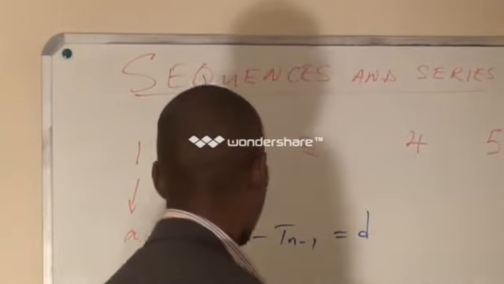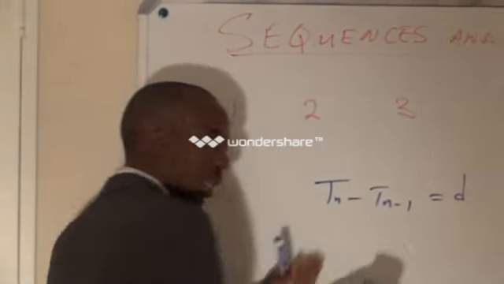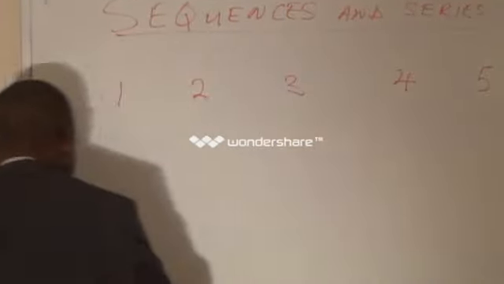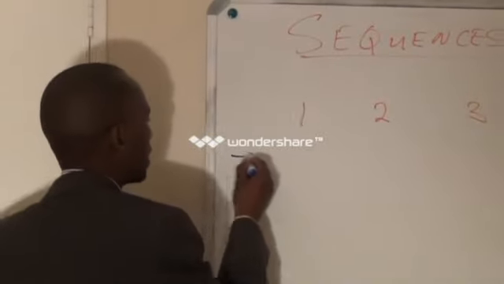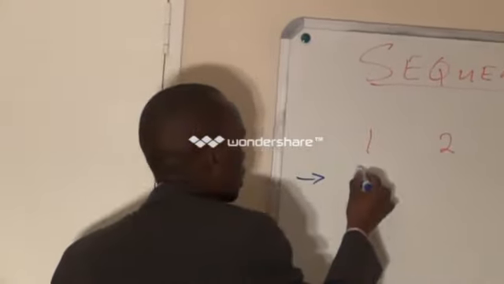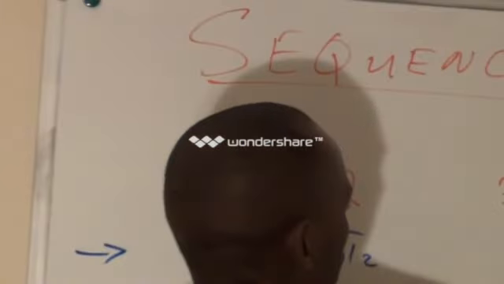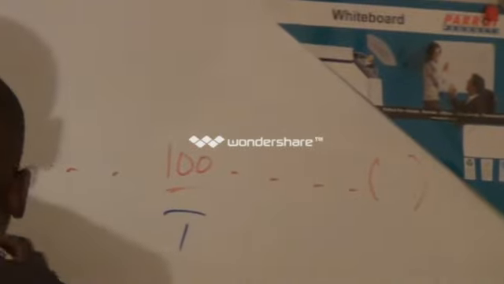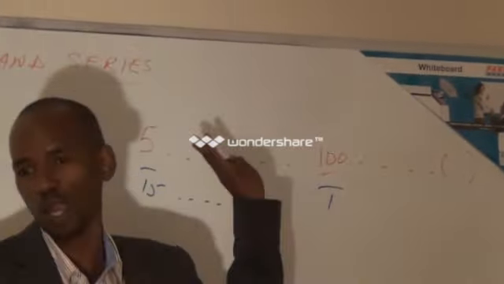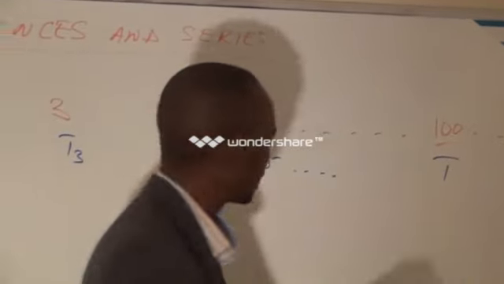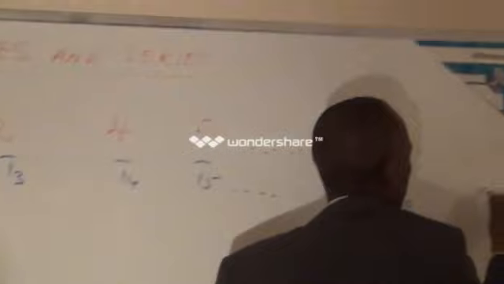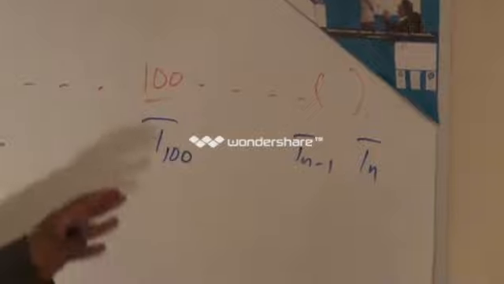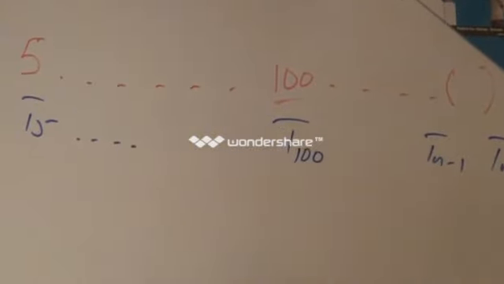Now, if you remember what we said earlier, we said we can actually look at this as terms: T1, T2, T3, T4, T5, T100. Of course, we have got T6, T7, T8, but we cannot continue writing them. It's not necessary. T100, some Tn minus 1, some Tn, then Tn plus 1, and we continue in that order.